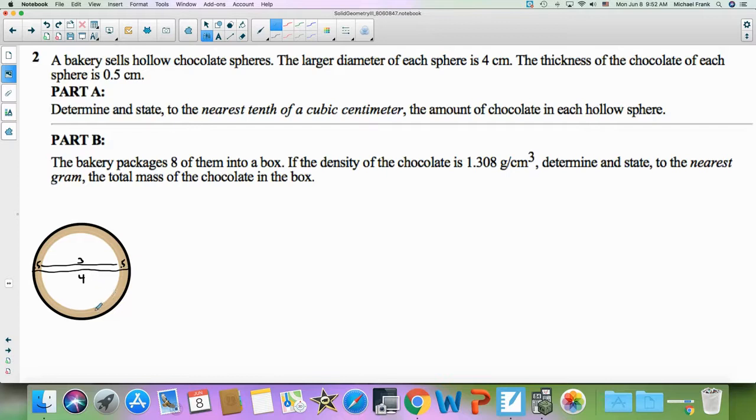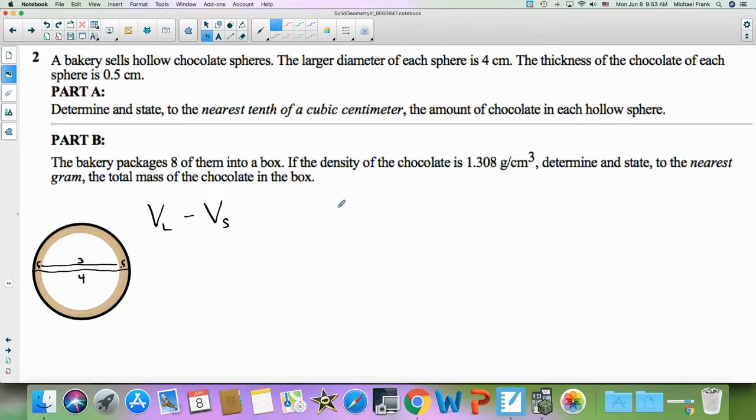Which really means we're dealing with two spheres. And since we only want the shaded region part, it's going to be the volume of the larger minus the volume of the smaller, like when we did the area of the shaded region, except now with volume. Well, they're both going to be spheres, right?